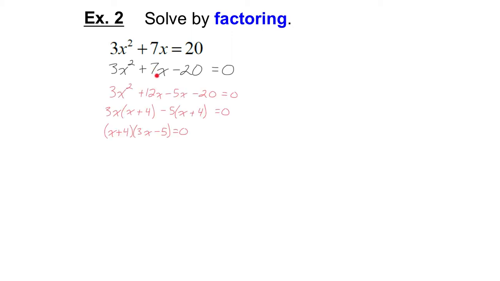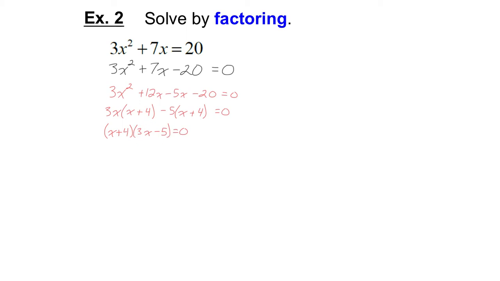Okay, so I decomposed the middle term into two terms that multiply to minus 60, add to 7, that's 12 and minus 5. Factor by grouping. X plus 4 is a common factor. I'm left with 3x minus 5. Okay, so now I have my factored form equal to 0, and just like before, if you're multiplying two factors together and your answer is 0, that means either your first factor is equal to 0 or your second factor is equal to 0.